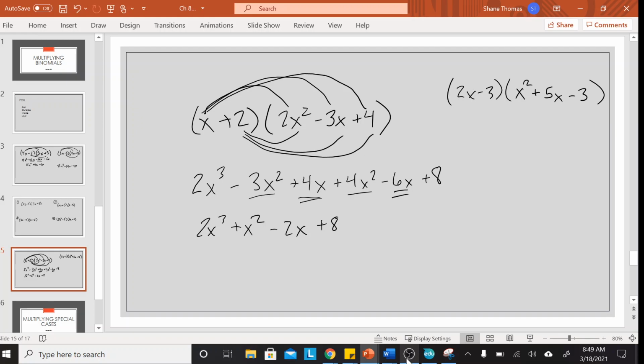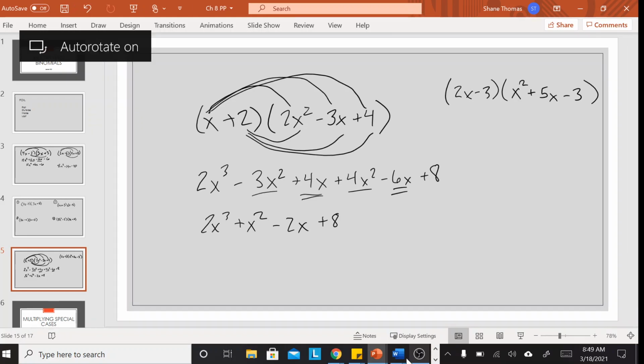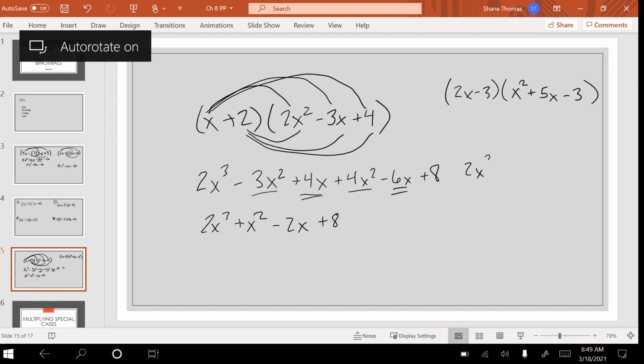So you multiplied it well. All right, so then we have our 2x cubed, right? All right, then squares. We have 10x squared and negative 3x squared. Should be plus 7x squared. All right, and then an x and an x, negative 6 and negative 15. There's your negative 21x. And then lastly, we just have our positive, which is 9.